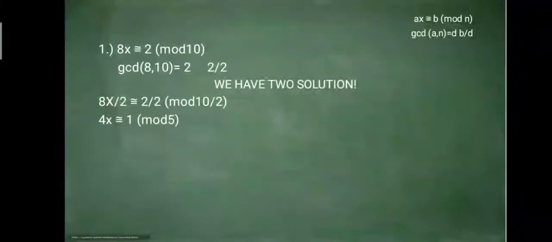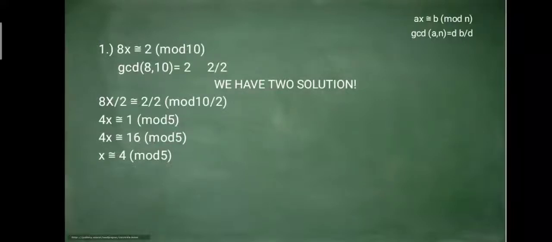So we will have 4x ≡ 16 mod 5. Divide both sides by 4 and we get x ≡ 4 mod 5.